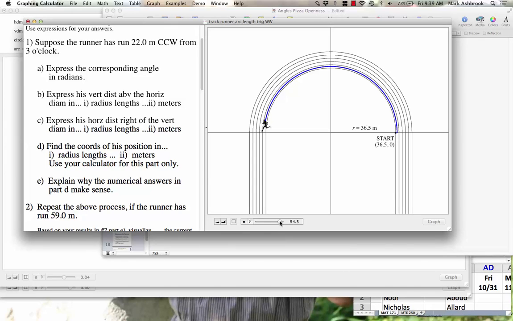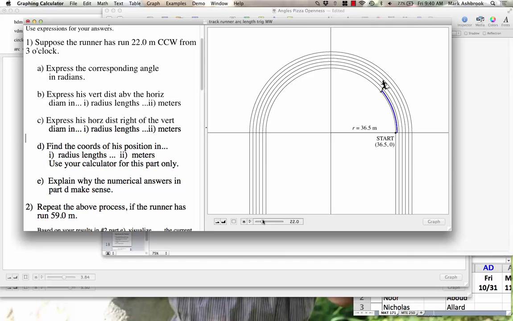So first I want to say that we're going to look at when he runs 22. So right here, he has run 22 meters from the starting line. I've got a series of questions for you, okay? You're not using your calculator until you get to part D. So all you're doing in A, B, and C is writing expressions that would give exact values.